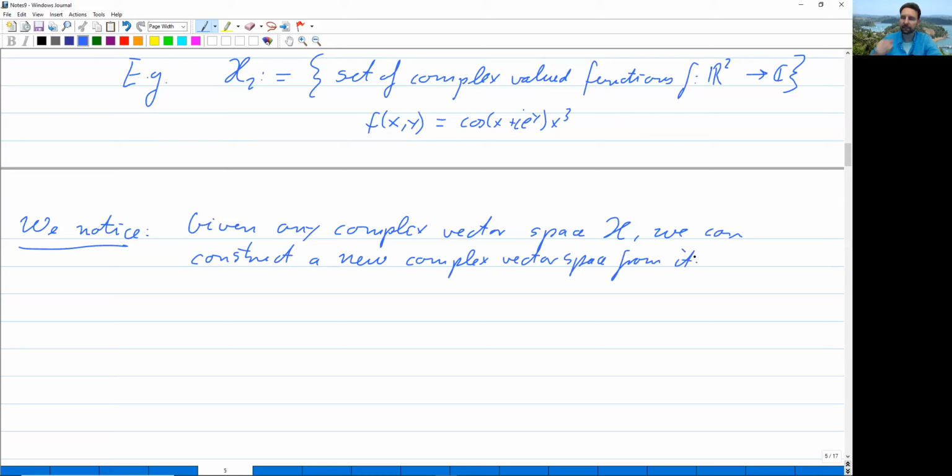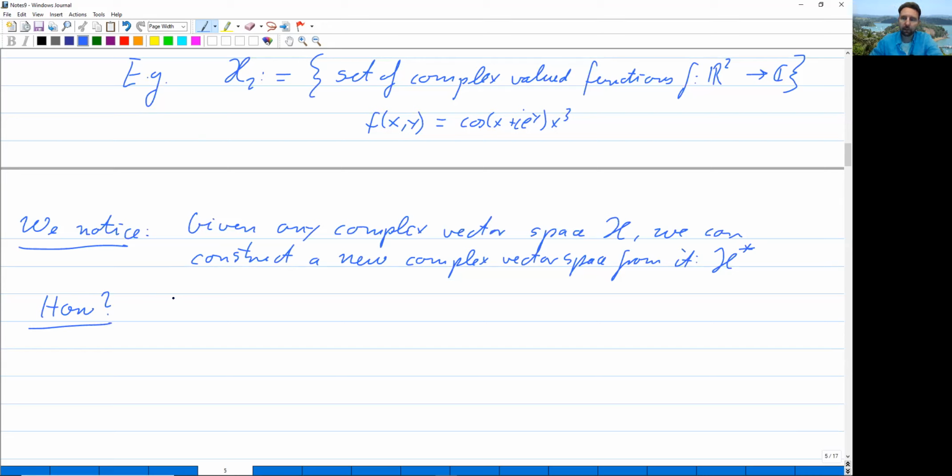And in quantum mechanics, this is going to be super ubiquitous. We do it all the time, and we call it H star. H star is also just a complex vector space, but it's derived from H. And how do we do that?